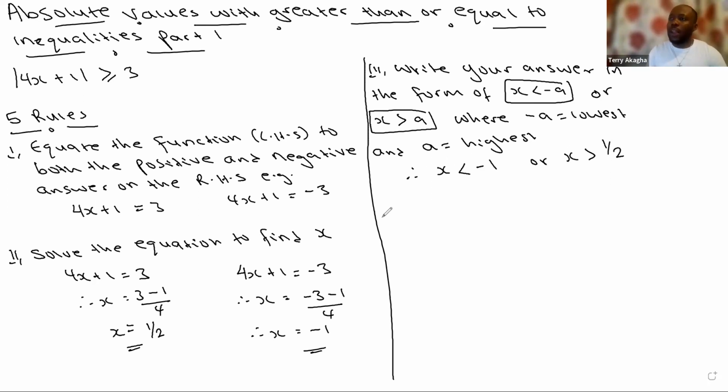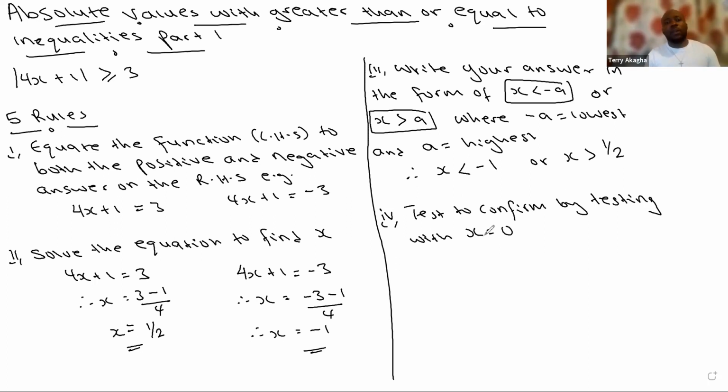Now, similar to the less than we solved, you can confirm by testing if 0 is part of the solution, or if 0 works. So you can test with x is equal to 0.